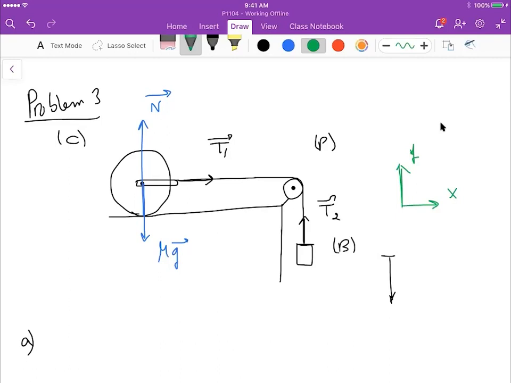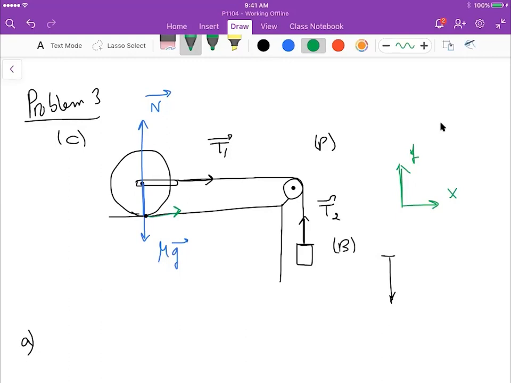So if you look at the points, and in particular at the point P here, the contact point between the table and the cylinder, you'll find that this point will have a tendency to move to the right, because T1 is oriented to the right.